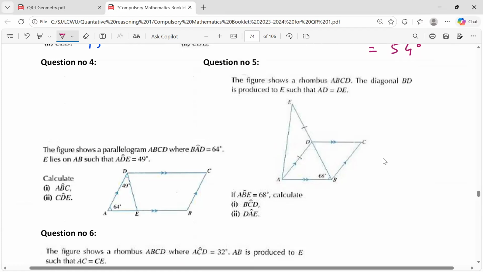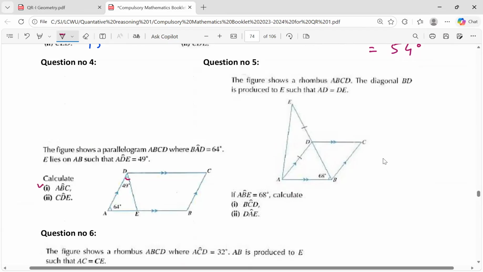The figure shows a parallelogram ABCD, where angle ABD is equal to 64 degrees. E lies on AB such that angle ADE is 49 degrees.